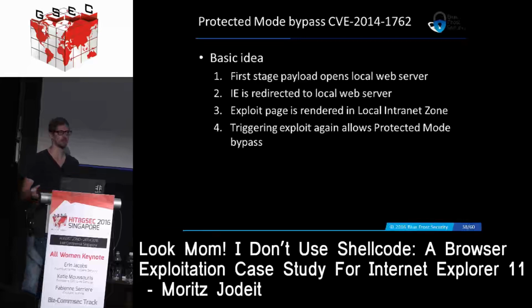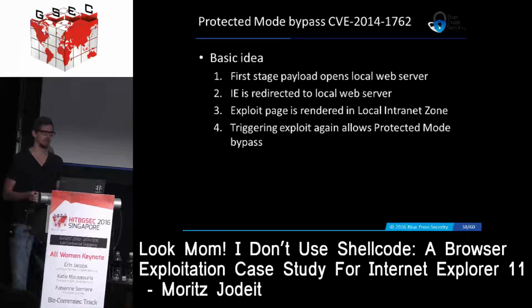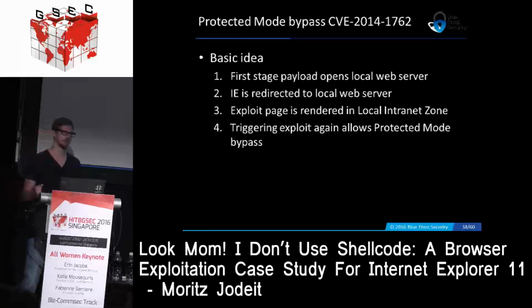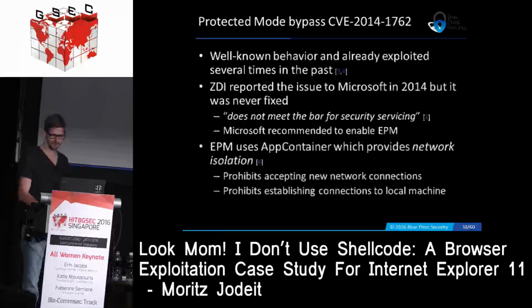Once you get code execution in your first stage payload, you start a local web server which delivers your same exploit again, and then you just redirect IE to this web server. Since IE is redirected to localhost, it's automatically considered to be in the local intranet zone, so it's rendered outside of the sandbox. You just trigger the exploit again, and then you get code execution outside of the sandbox.